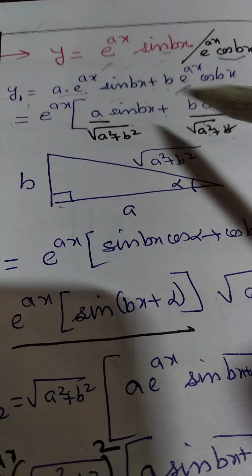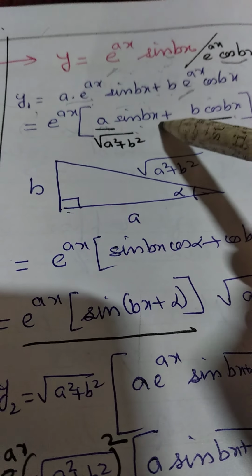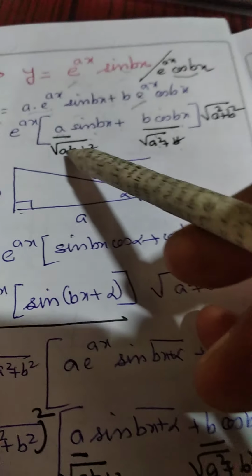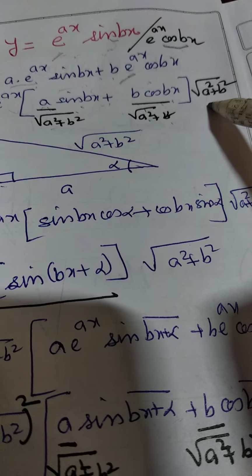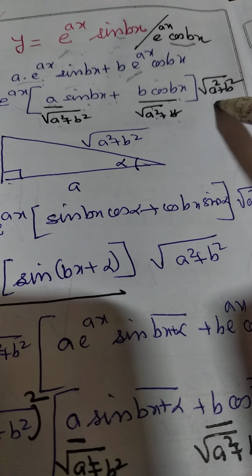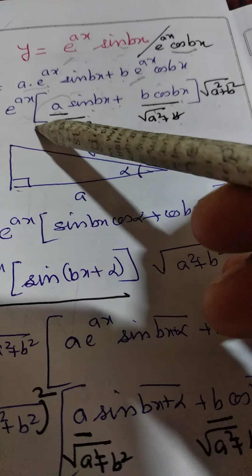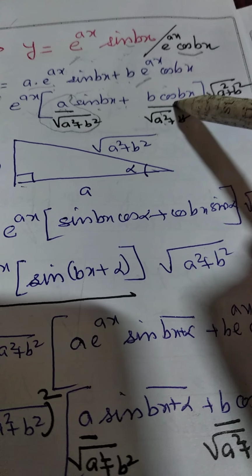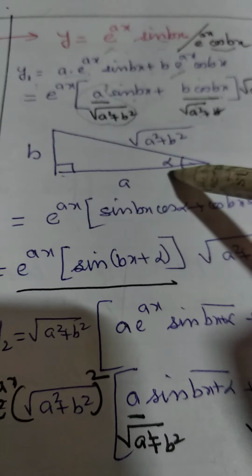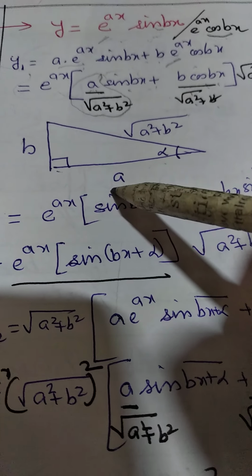For that, we have it in the form of a sin theta plus b cos theta, where we multiply each term by root over a square plus b square. The advantage of this is we can write the ratio in terms of a sine ratio or a cos ratio, depending upon what we have as the sides of a triangle.